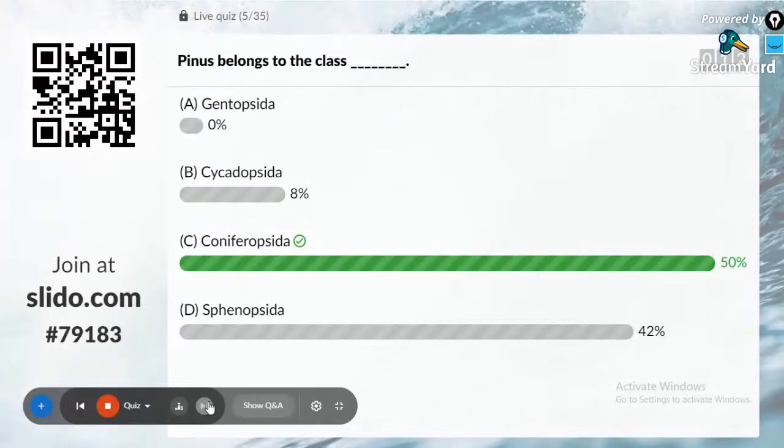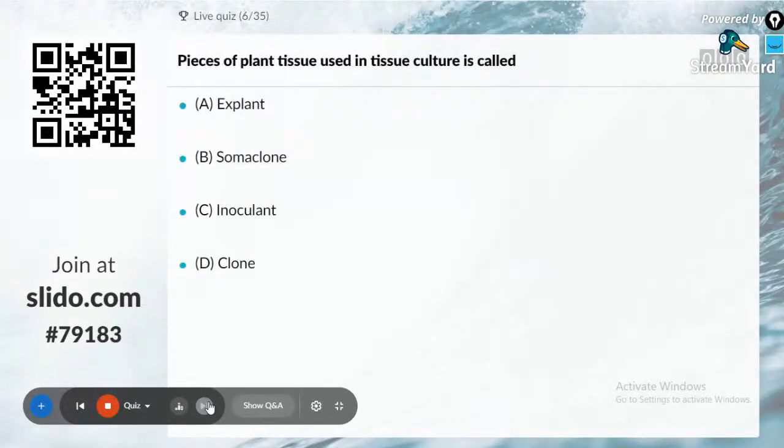Sixth question on the screen. Very, very important question. Pieces of plant tissue used in tissue culture are called: explant, somaclone, inoculant, or clone?